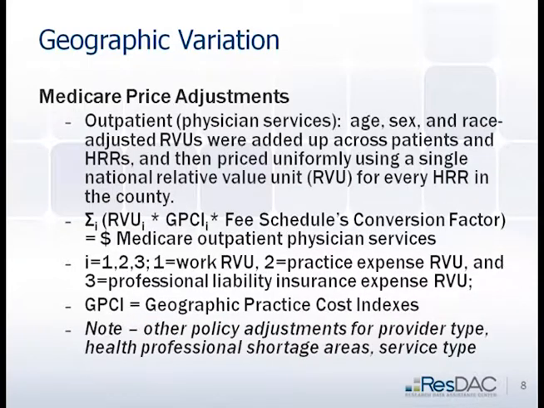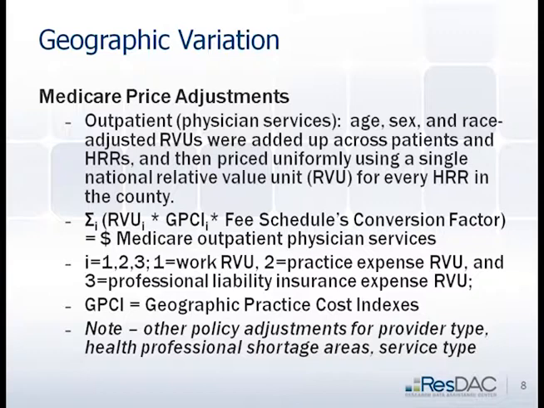Then for outpatient services, what the Dartmouth group is suggesting that we do: you have age, gender, and race adjusted RVUs. They added those up across patients and across the hospital referral regions, and then they came up with a uniform price for a single relative value unit, the RVU, for every HRR in the country. So it's the same kind of thing, except it's complicated because, as Barb pointed out, you have all these other adjustments going on.